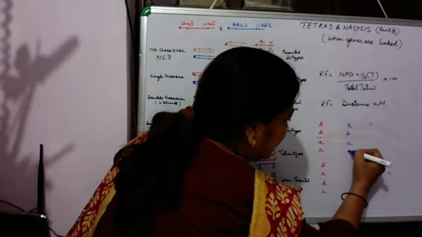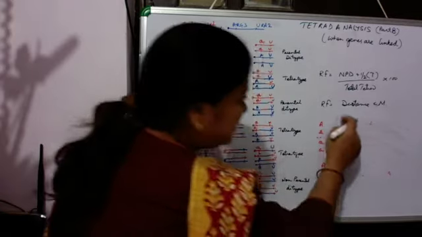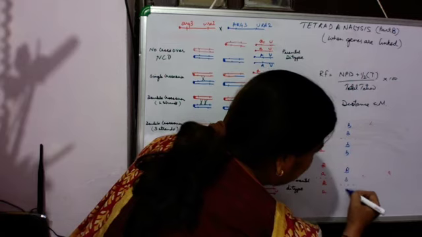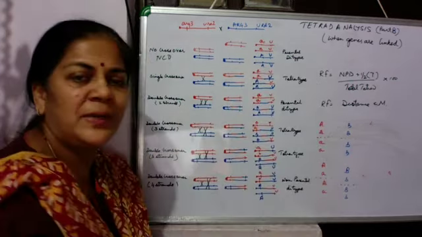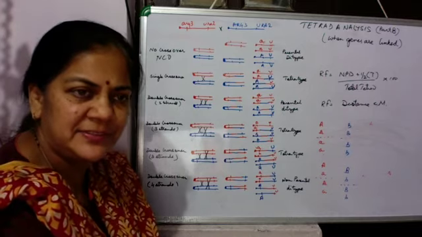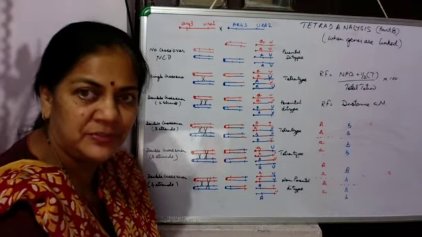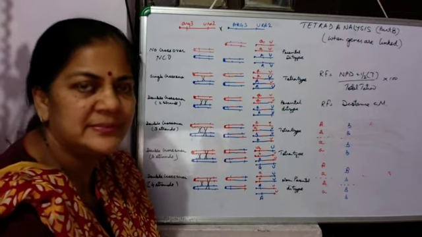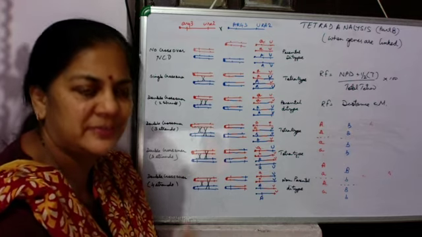Similarly for B, you will have it in this manner. Let's say if it is like this, this is first division segregants. This will be second division. So by analyzing the first division and second division segregants, one can find out the distance between the two genes, and then one can solve the numericals in this manner. So these are the things that you have to remember.